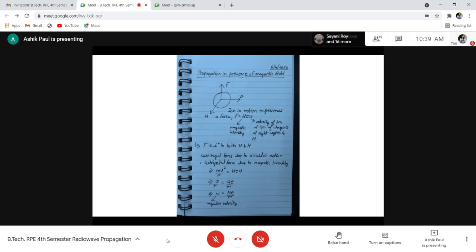When that kind of situation happens, eventually the final practical situation is that you have to merge the two situations together. Then only you will be able to arrive at some kind of a realistic situation.